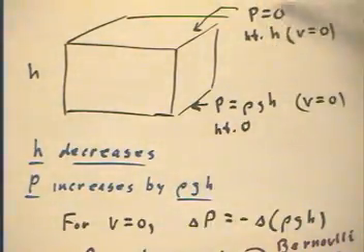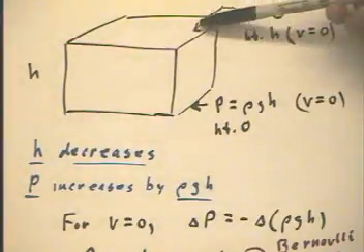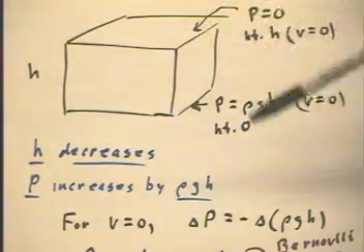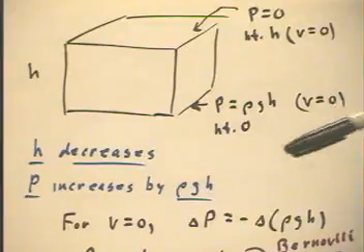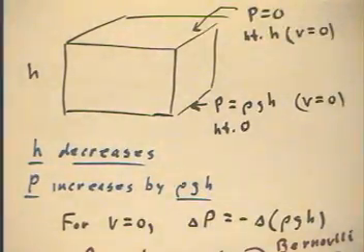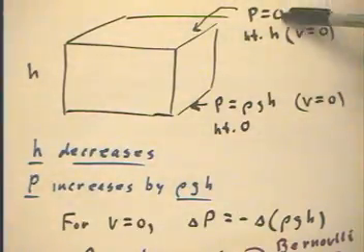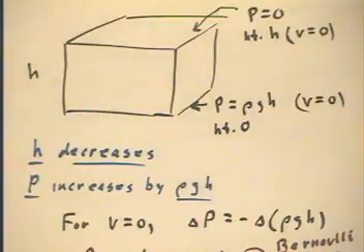So if state 1, let's say, is the top of the water surface here, where the pressure is, I say here pressure is 0. That's not a very good idea, really. Pressure is atmospheric here. Gauge pressure is 0, and you might think of the difference between gauge pressure and absolute pressure.